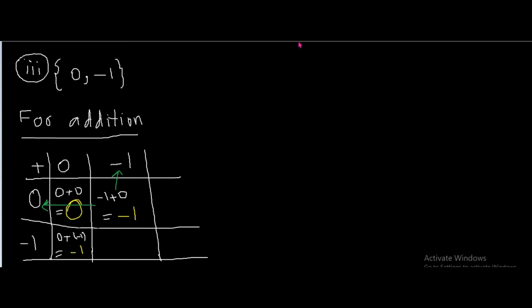On the rough side, -1 plus -1: the minus and the plus combine to generate minus, so -1 minus 1 is equal to -2.